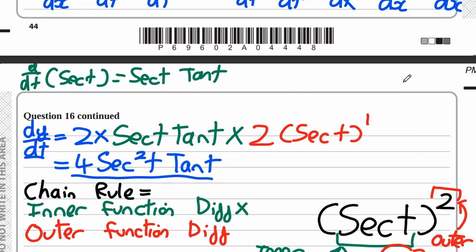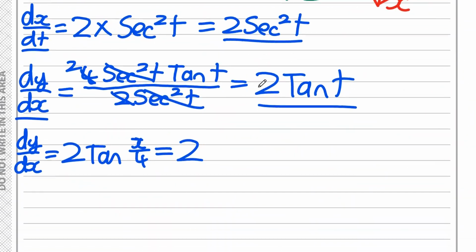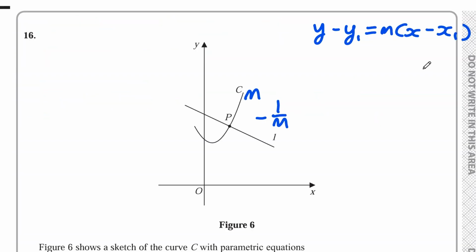So this here is the gradient of the curve at this point P. We need to find the gradient of the normal, which is going to be the negative reciprocal of this here. So therefore the gradient of the line, the normal, is going to be the negative reciprocal of 2, which is minus a half.